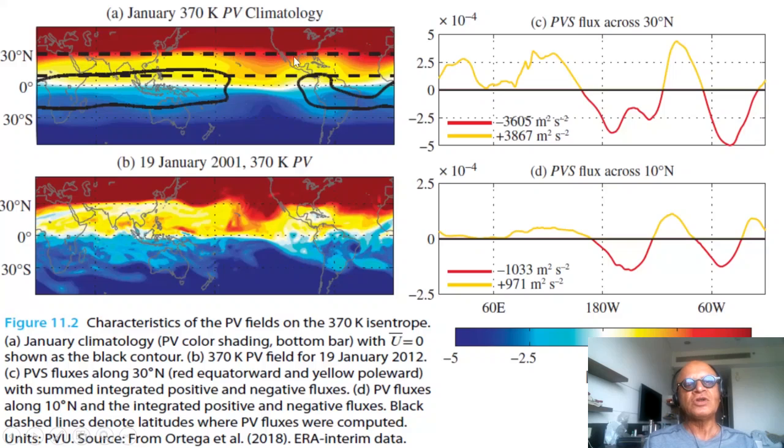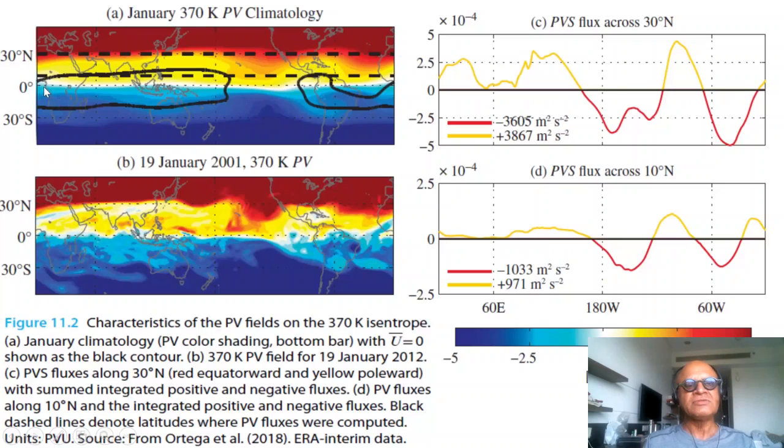And we will look typically at these two latitudes just to see how the equatorward and poleward migrations of the PV occur. So that's the 30 north latitude line. This is the 10 north latitude line.